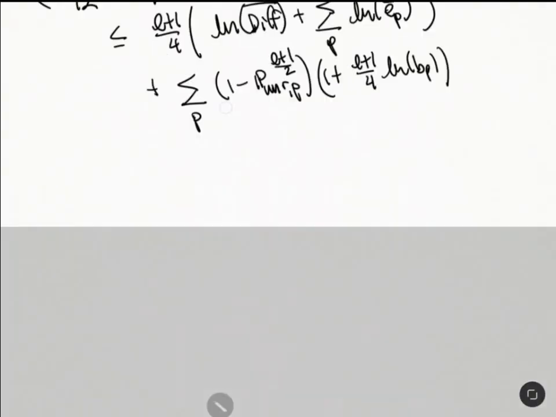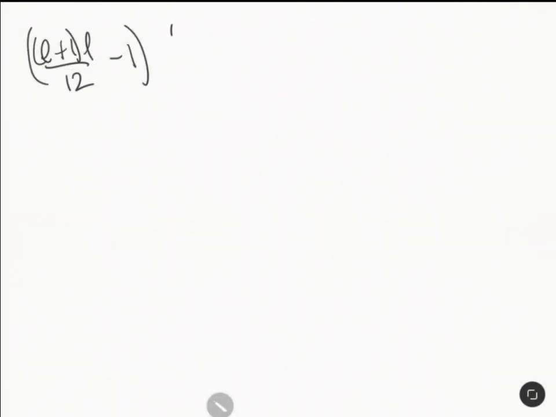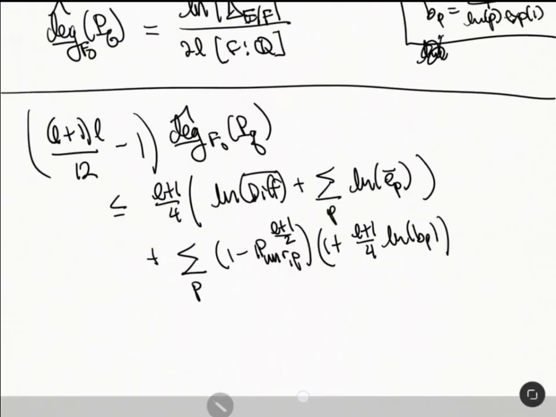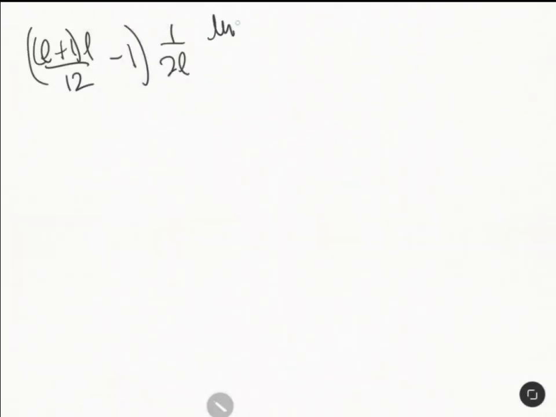This thing minus 1, and then we'll do a 1 over 2L, and then the natural log of the norm of the minimal discriminant. Then we'll have this degree.